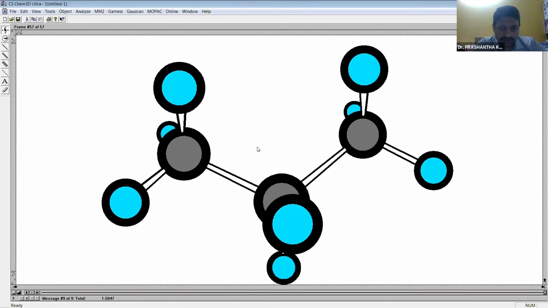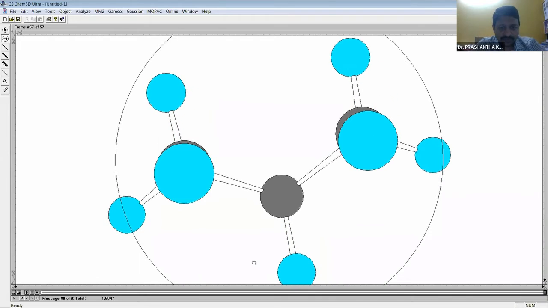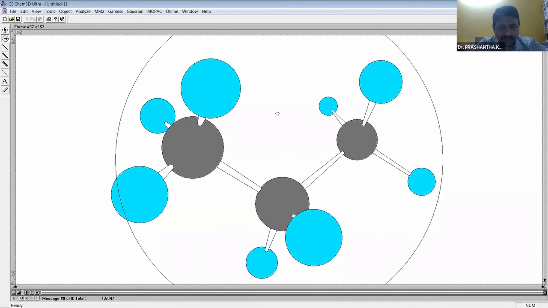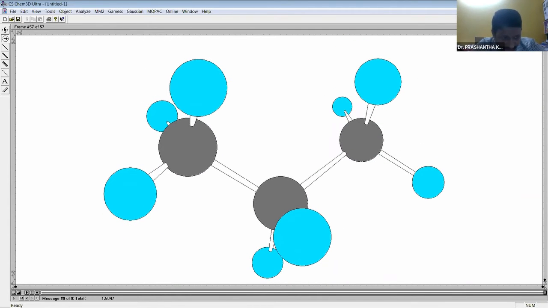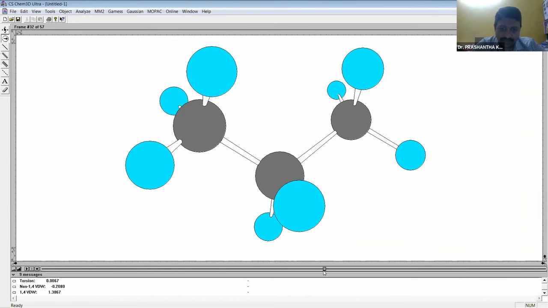Now the bond length is back to 1.53, 1.53. What was there earlier was 1.73. The bond length, bond angle, everything is fixed.